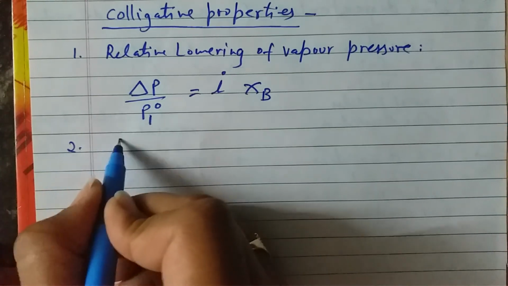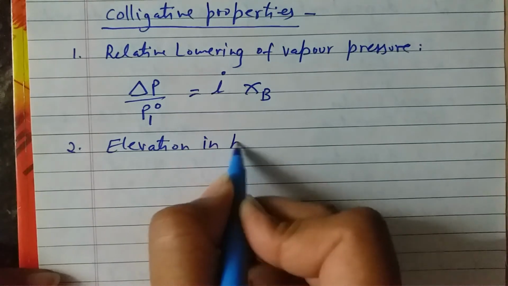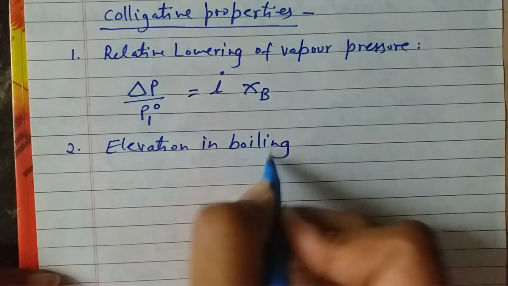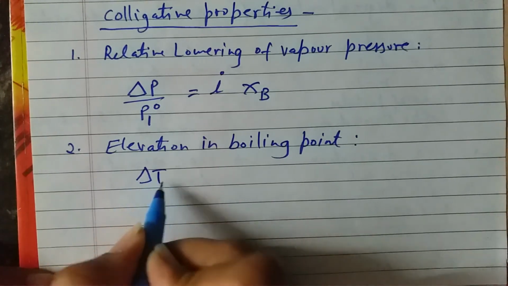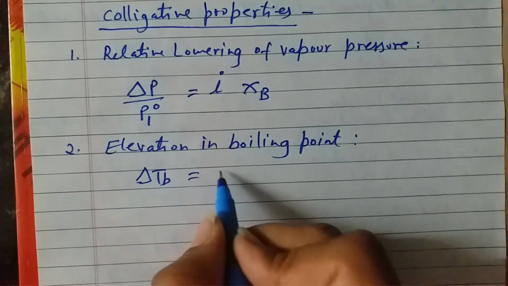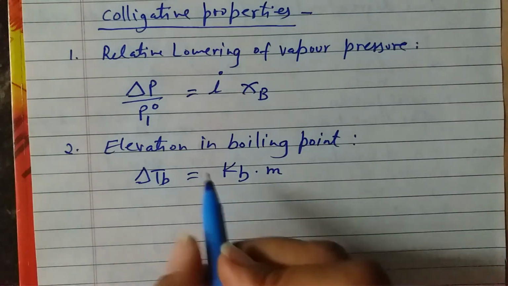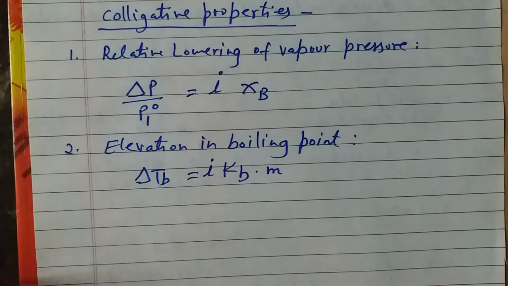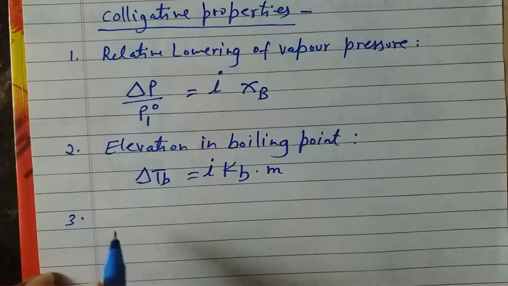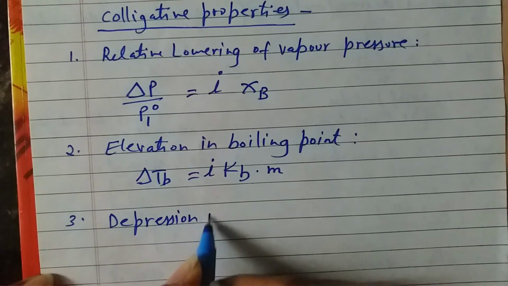The second colligative property was elevation in boiling point. Elevation in boiling point was delta TB, which was further equal to Kb into m, molality. And now the changed expression is going to be delta TB equals i Kb m. Likewise, the third colligative property was depression in the freezing point.